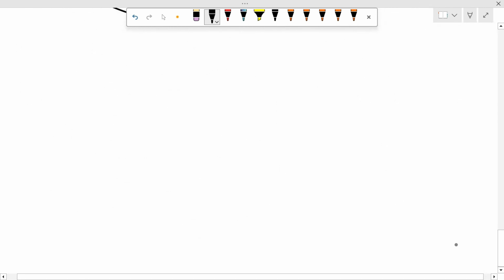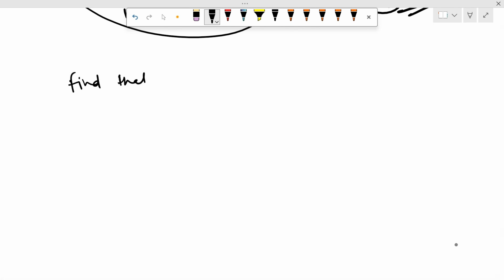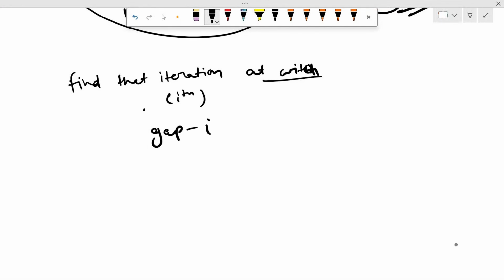So till now, we got three conditions. We have to find that iteration at which, if we have on the ith iteration, gap minus i becomes negative. Okay, this is first.